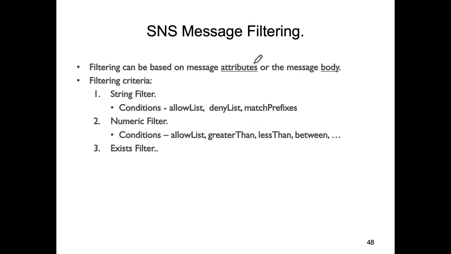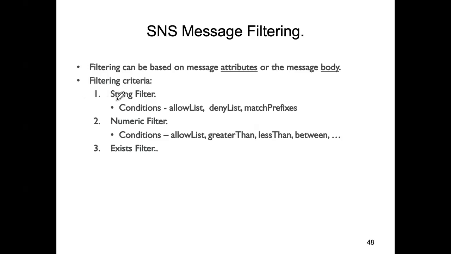And as I've just said, because they're both JSON structures, the filtering is based on the value of certain properties, be it of the attributes or of the body itself. Down here, I'm saying that there are essentially three types of criteria that you could use for specifying your filtering, whether you're doing attribute or body-based filtering.